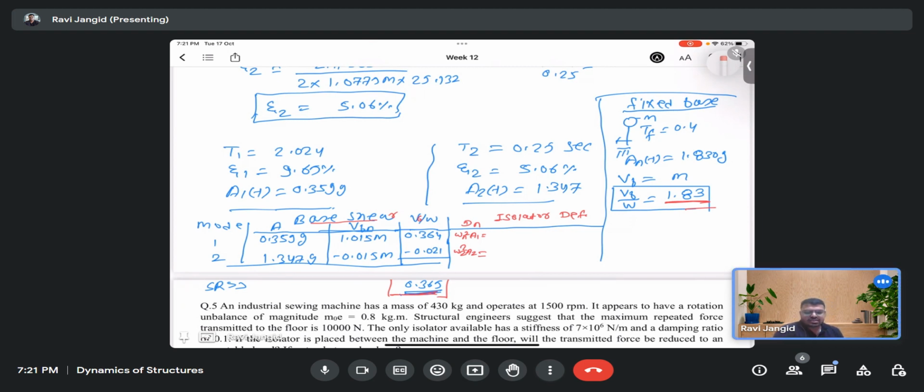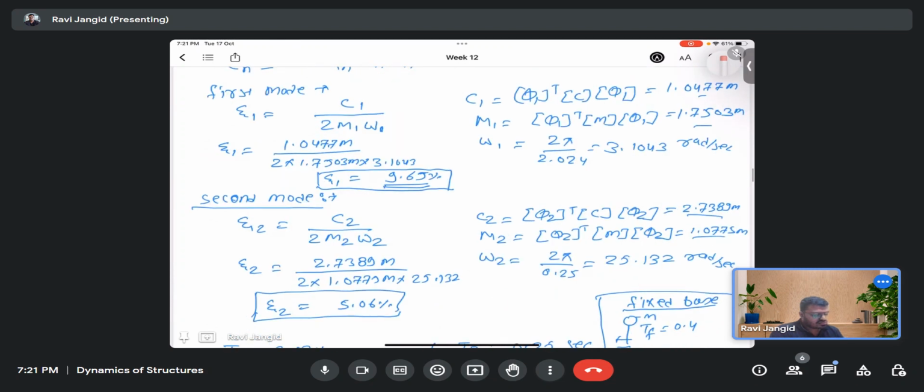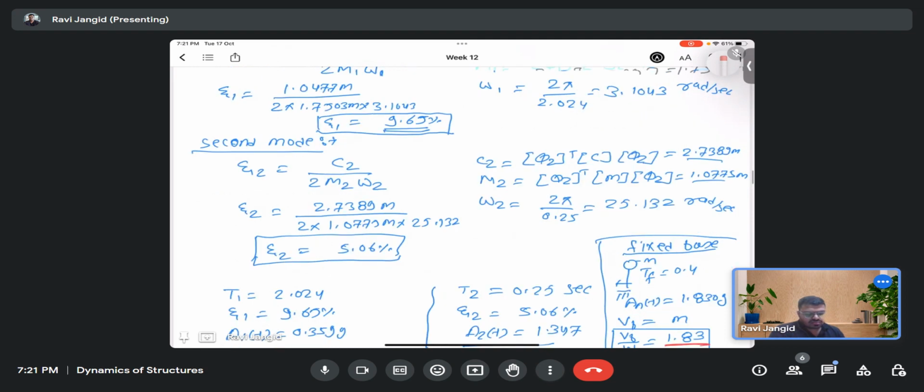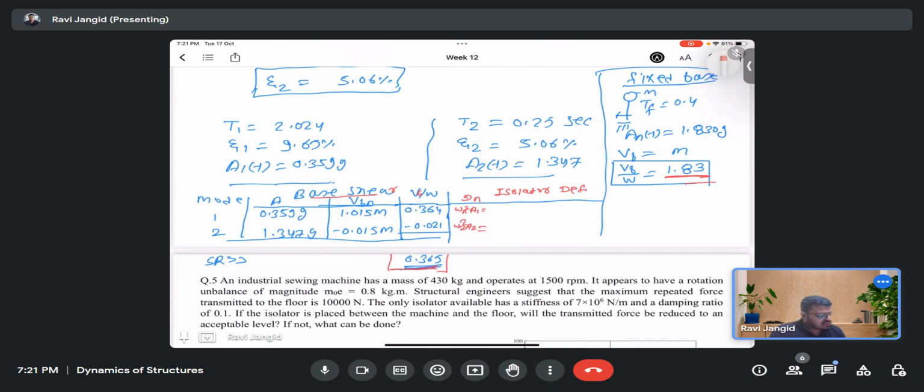How do we get the isolator deformation? That we are getting as some 34 centimeter.